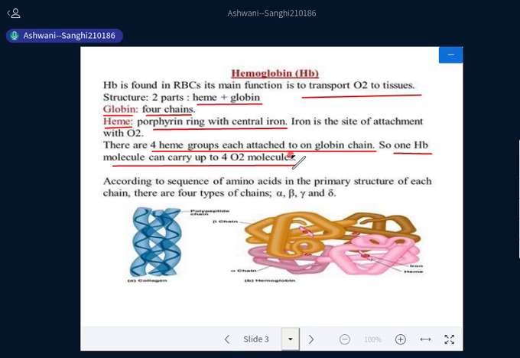The globin chain consists of proteins or an amino acid sequence. On the basis of the nature of amino acids, there are 4 types of chains: alpha, beta, gamma, delta.